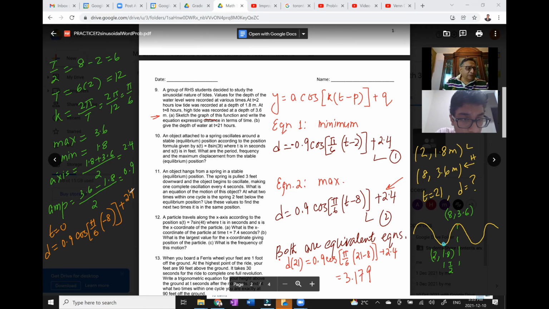Okay? So 0.9 cos of within brackets 8 pi divide by 6 bracket close plus 2.4.